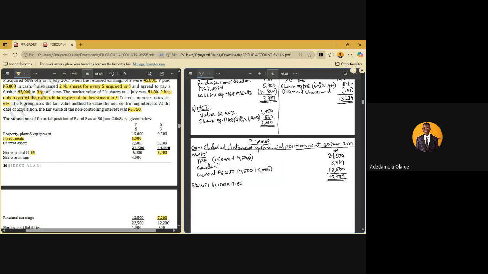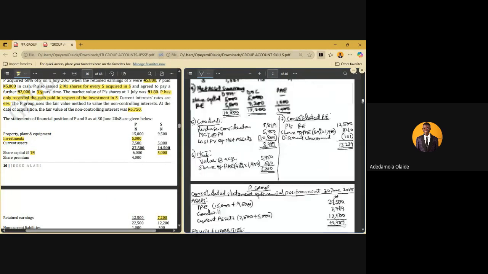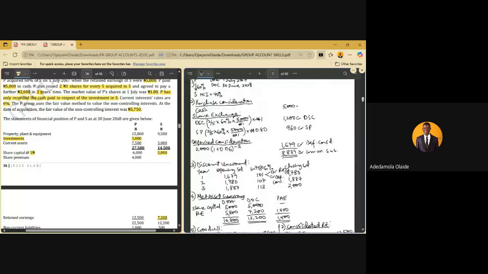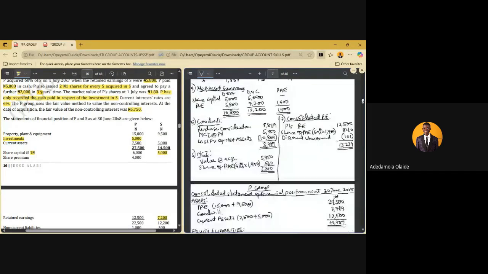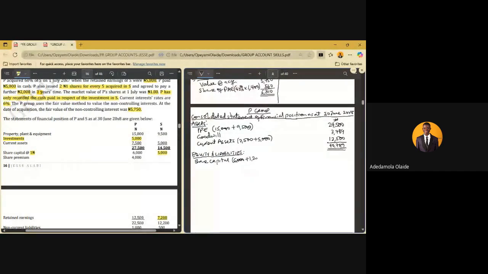So for equity and liabilities, we'll have share capital. Our share capital will be 6,000. We don't consolidate share capital or equity items. But don't forget, we issued a new share capital to acquire, at 1,200. So we'll say plus 1,200.